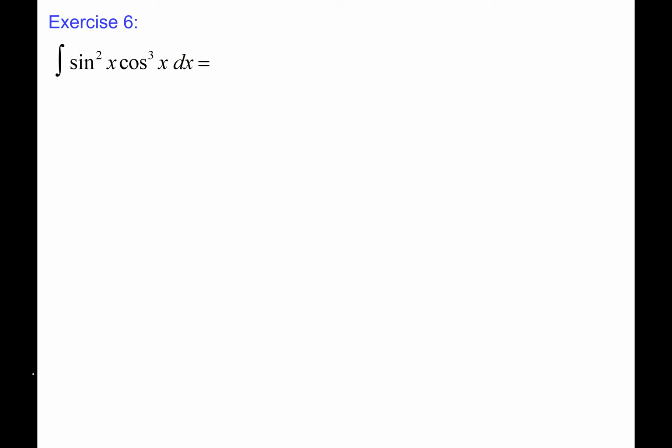Okay, let's look at this one. Sine squared of x and cosine cubed. And what do you think? Shall we let u be sine of x or u be cosine of x? Probably, you know, again sine, yes, because we see this odd exponent.